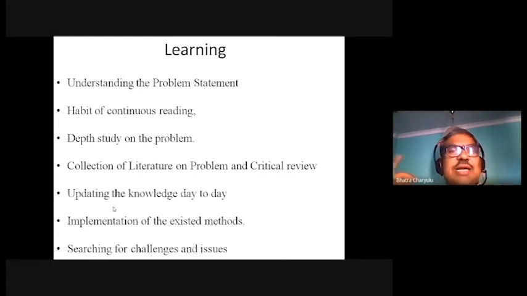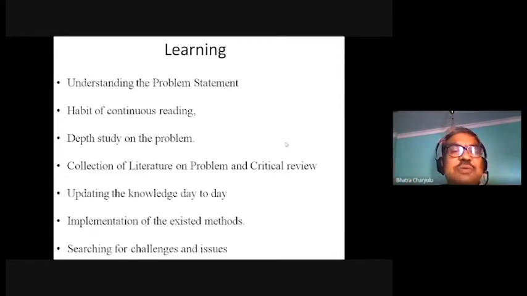So the thinking power is understanding any problem statement and studying that particular problem, collecting information about it, giving different types of critiques on it, updating the knowledge day to day, implementing the existing methods, and searching for challenges and issues.